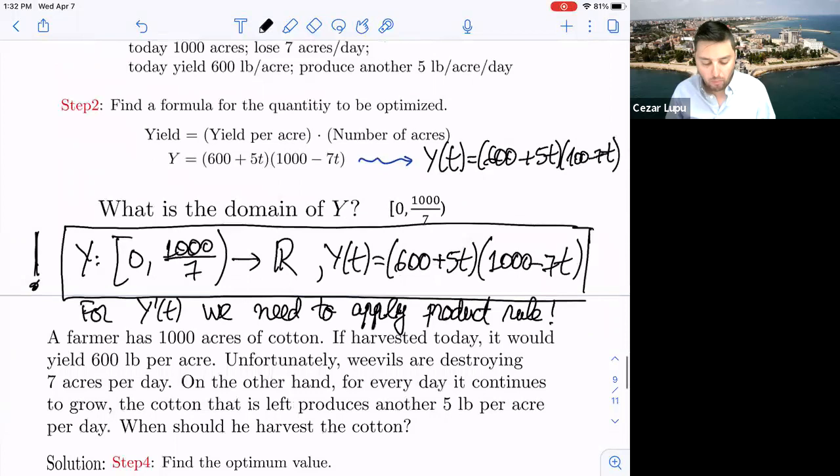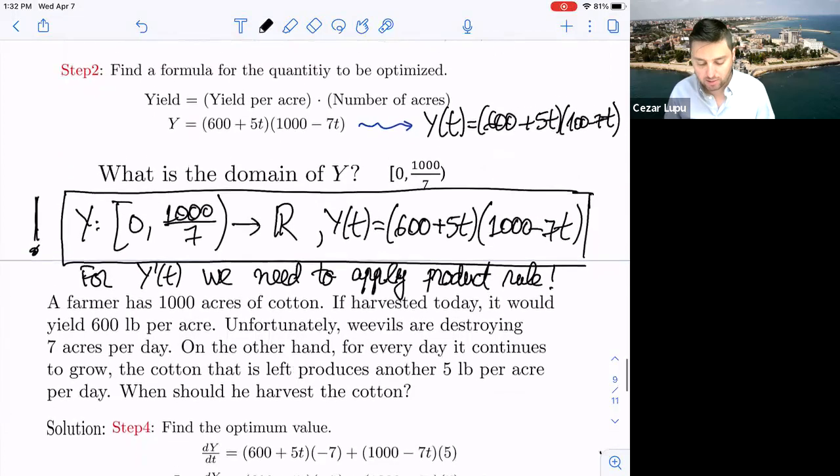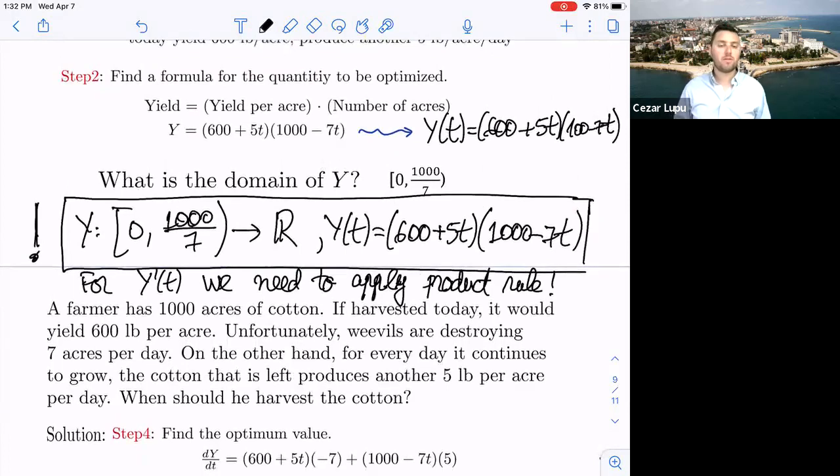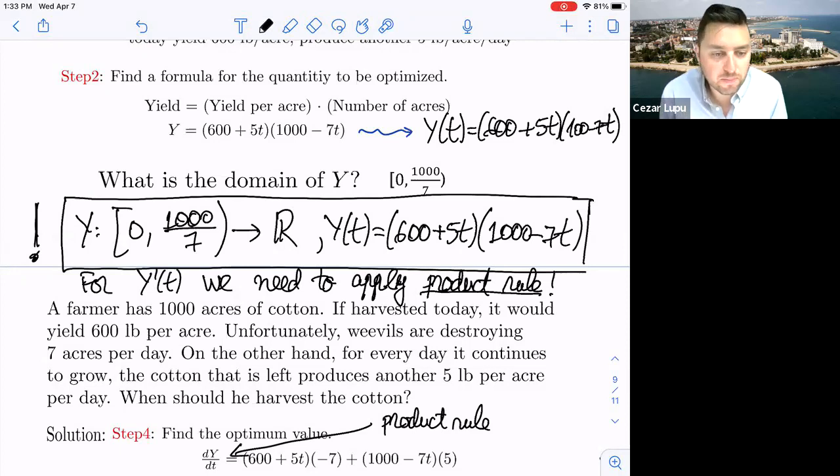All right, great. So we need to find an optimum value, and we're going to do this. Like I said, we're going to compute the derivative, and I will leave this to you to figure out why the derivative looks like this. So like I said, here is the product rule. Right, so the derivative of y with respect to t is 600 plus 5t times negative 7 plus 1,000 minus 7t times 5.